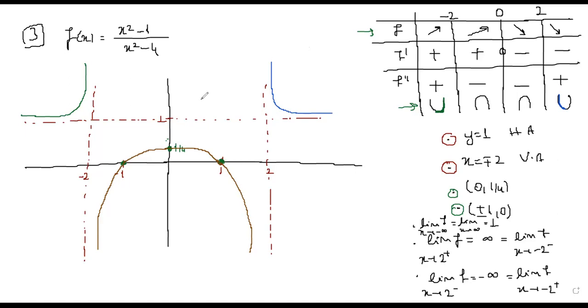So to sketch the graph of a function, you should first find the domain of the function, then the y-intercept and x-intercepts, as we did here. Then vertical and horizontal asymptotes. And then the critical points, it means find f prime, equalize it to 0 and find the critical points. And then the sign of f prime on the intervals.